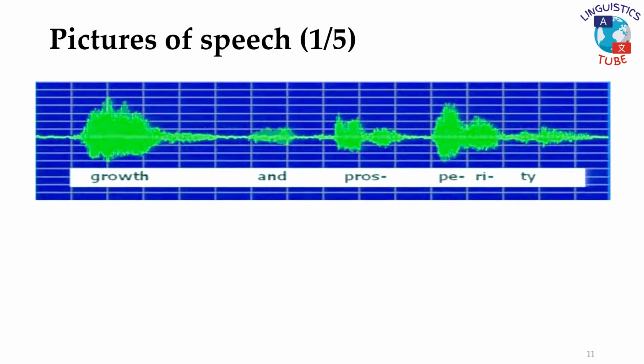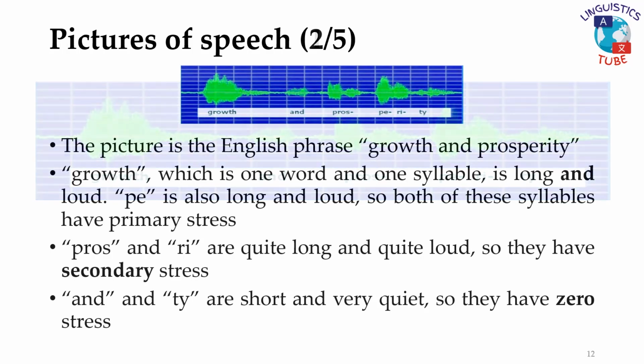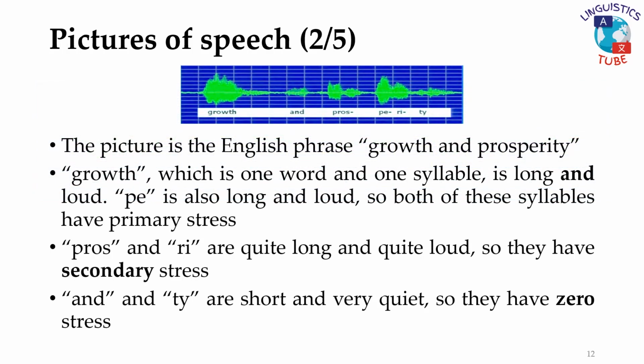Regarding the 3 levels of stress, we can see this more clearly if we look at pictures of speech. To create this picture, someone speaks into a microphone and the computer draws a representation of their speech. Through this, we can see the loudness and the length of each syllable. This picture is the English phrase growth and prosperity.